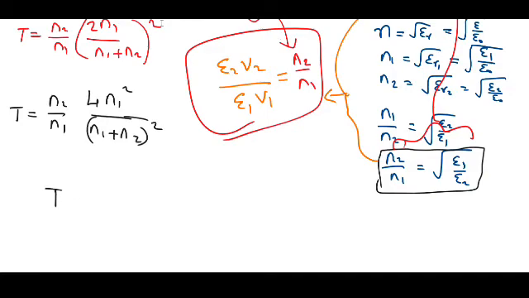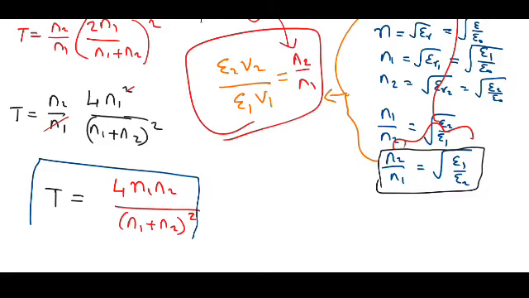Then the t can be written as, this n1 and this cancel out, 4n1 n2 divided by n1 plus n2 whole square. This is another famous equation. This is nothing but the transmission coefficient.